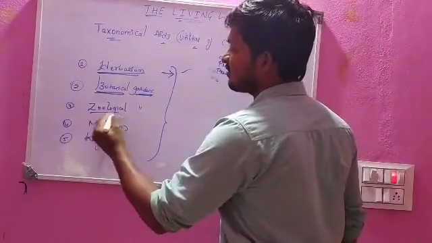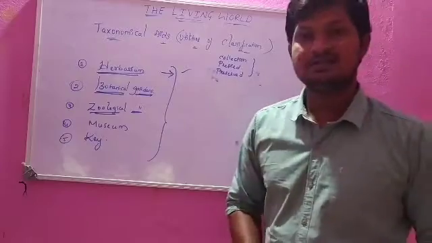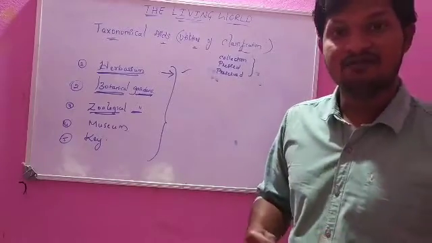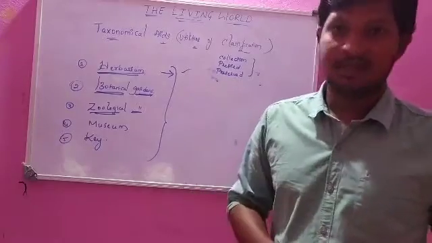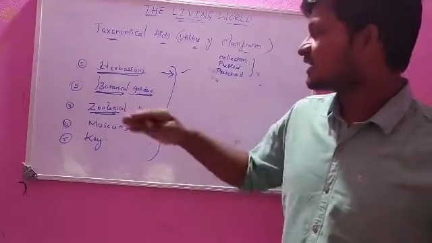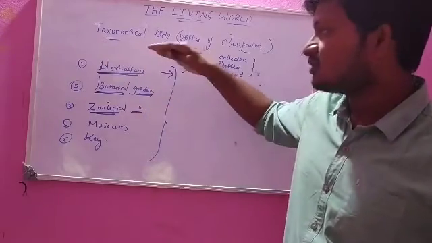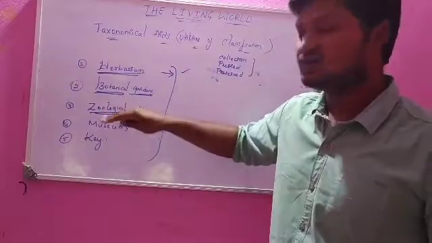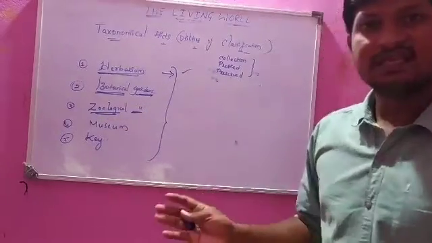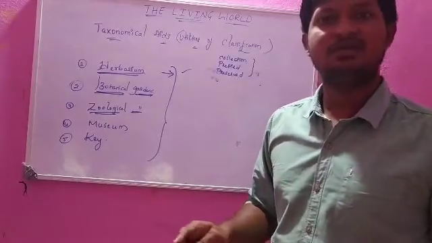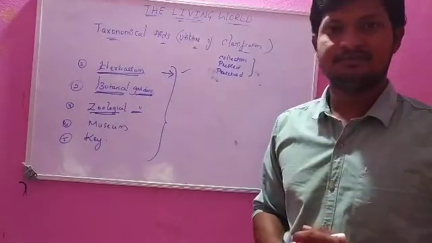Next is zoological gardens. Zoological gardens are places where wildlife or animals are protected under human care, and where wild animals are grown. For what purpose? By seeing those animals, we can study them. For example, tigers and lions are very limited in number.